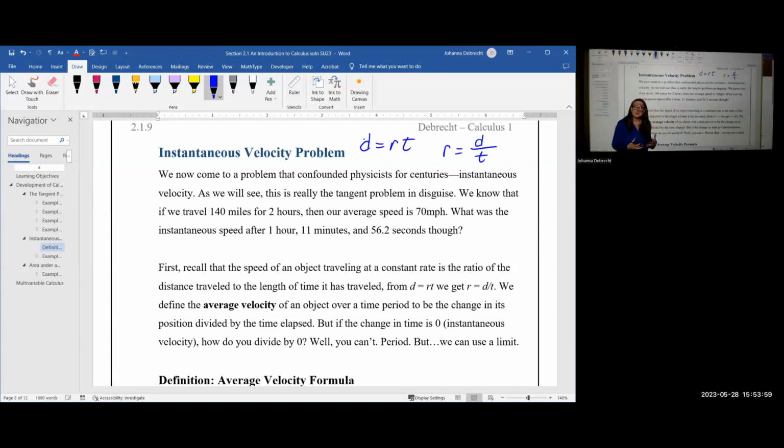This gives you your average rate or speed, right? Your average velocity. So we would take the 140 divided by 2 hours, and that would tell us that we're going an average of 70 miles per hour.